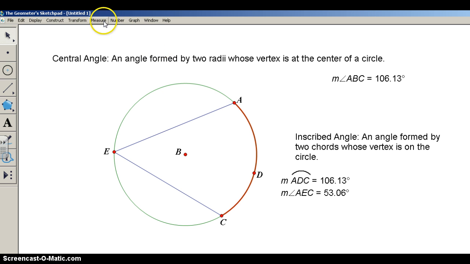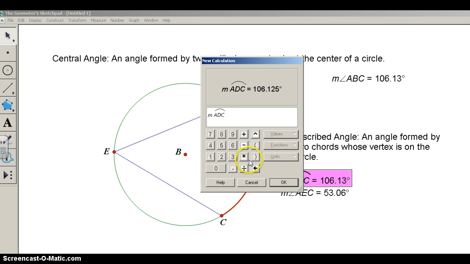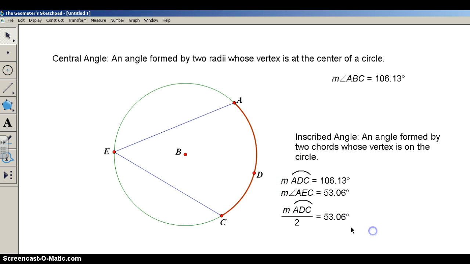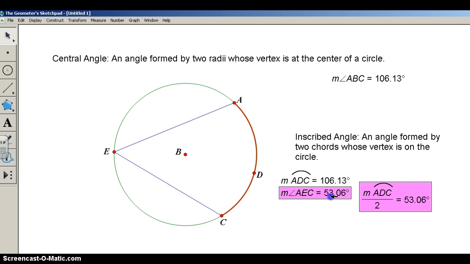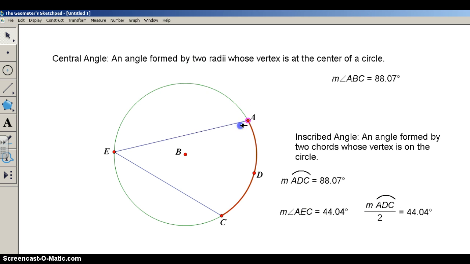So what I can do is, let's bring up our calculator. If I take the arc and I divide it by 2, we should get the angle measure. Let's see what happens. So you can compare those two angle measures there. You can see that they're always the same.